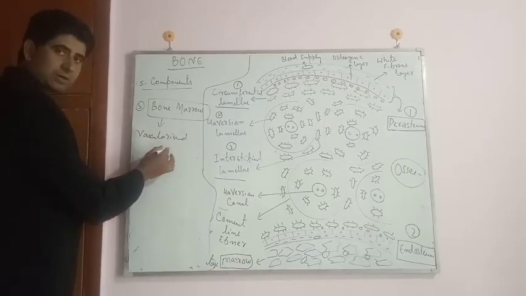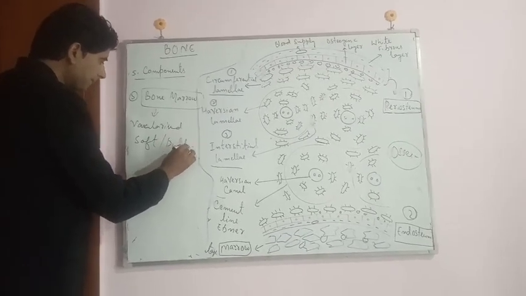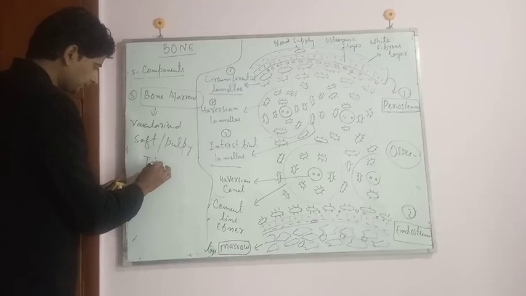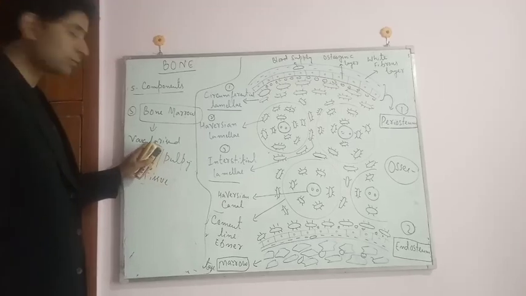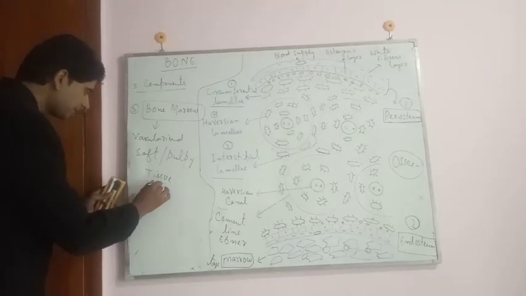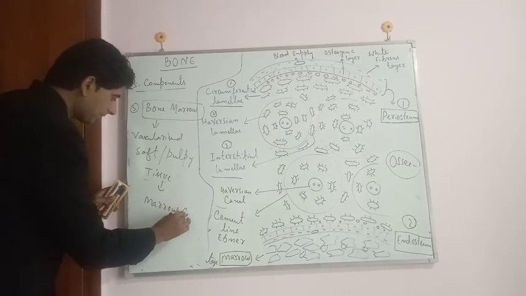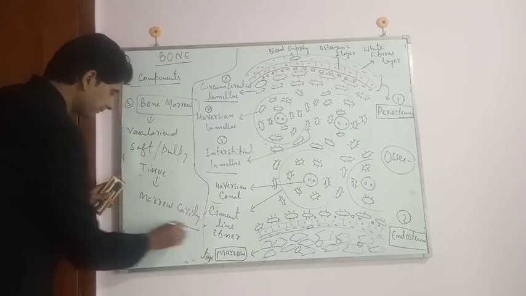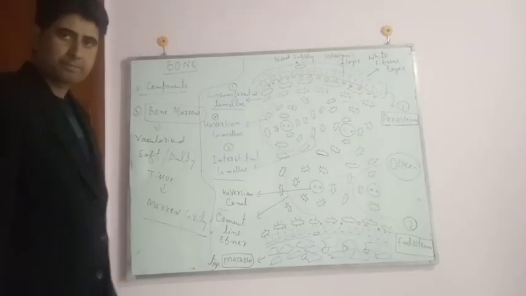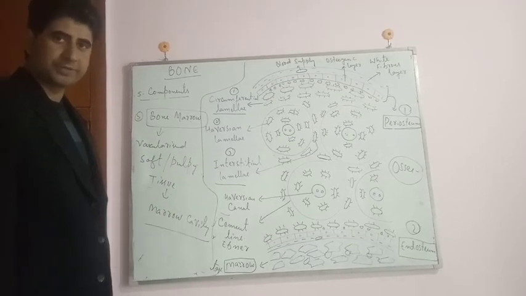So bone marrow is a vascularized, soft, as well as pulpy tissue, which occurs in the marrow cavity or the bone marrow cavity.